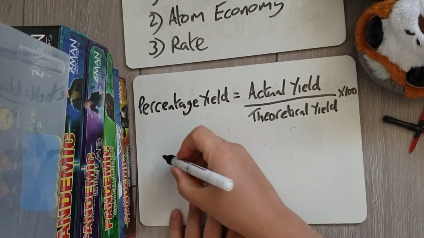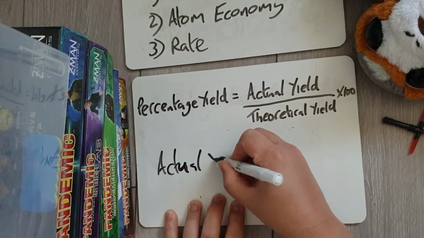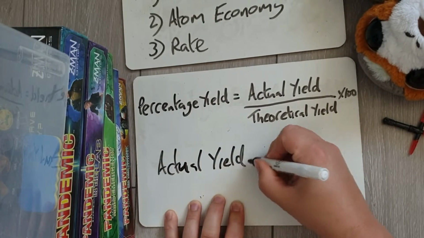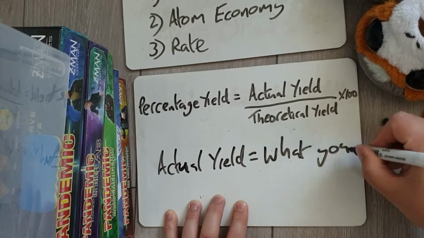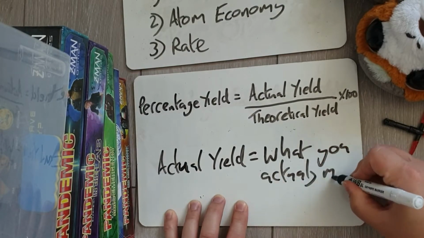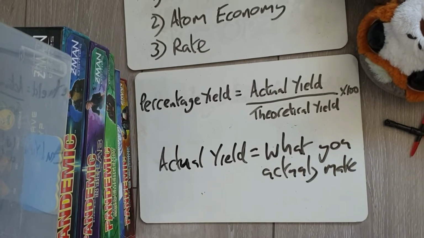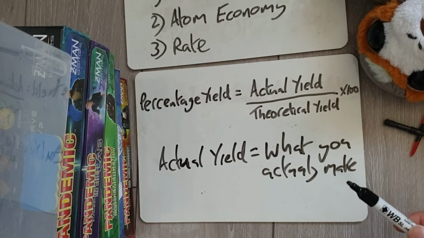So what is the actual yield? The actual yield is what you actually make. So the actual yield, what you actually end up with, how much product you actually get.